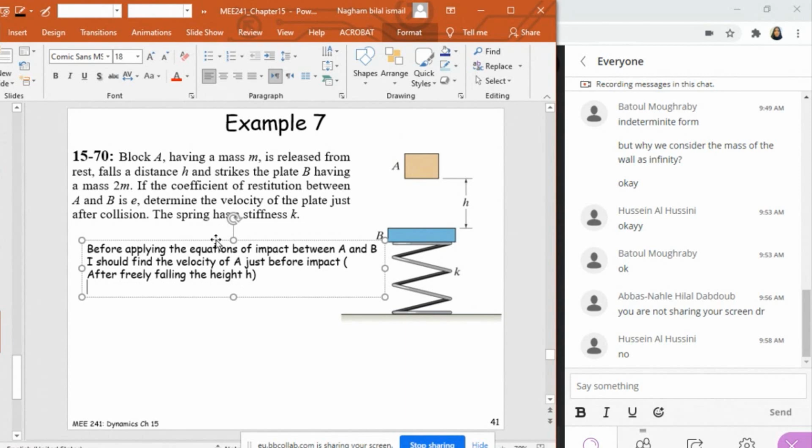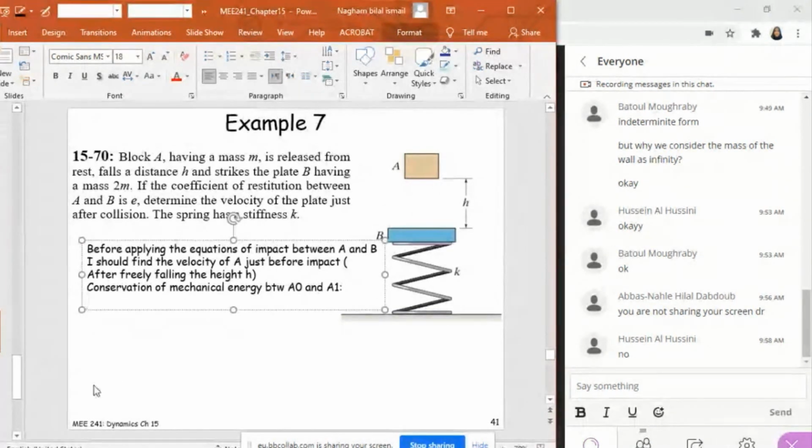The easiest way to find the velocity of A just before collision is in fact by applying the conservation of mechanical energy between, of course there are a lot of other methods, but this is the easiest one, between A0 and A1, right? I mean by A0 here, this one, and A1 just before collision.